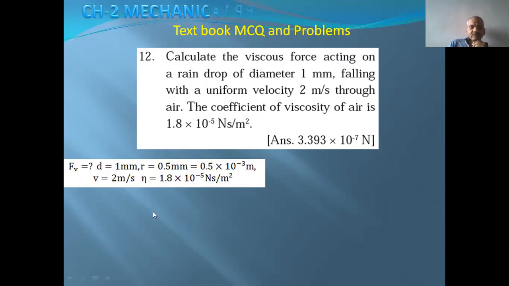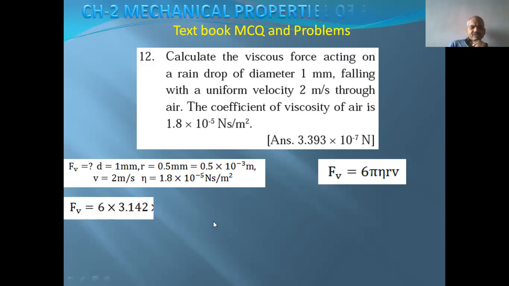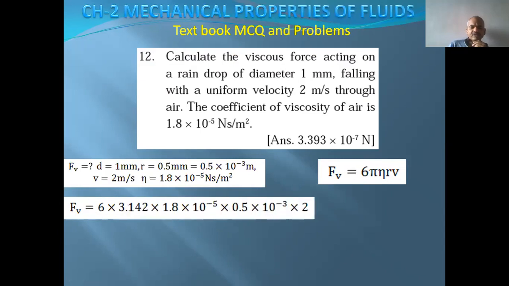Now to determine this viscous force, one should use the Stokes formula, that is Fv equal to 6 pi eta Rv. From this relation, you can write easily the viscous force. All the quantities are given. We just substitute these quantities in the given formula and calculate the value of Fv.